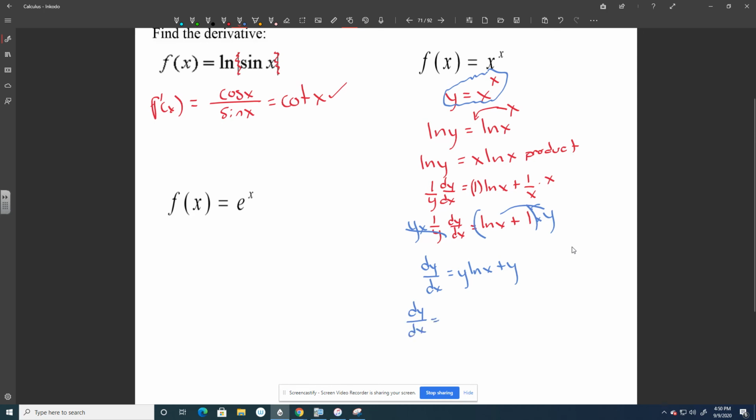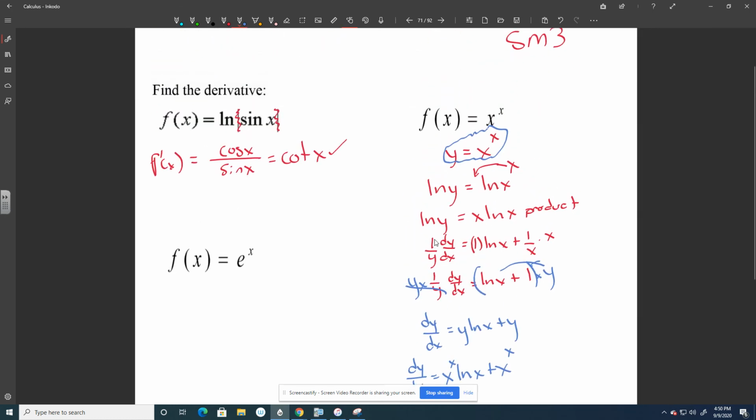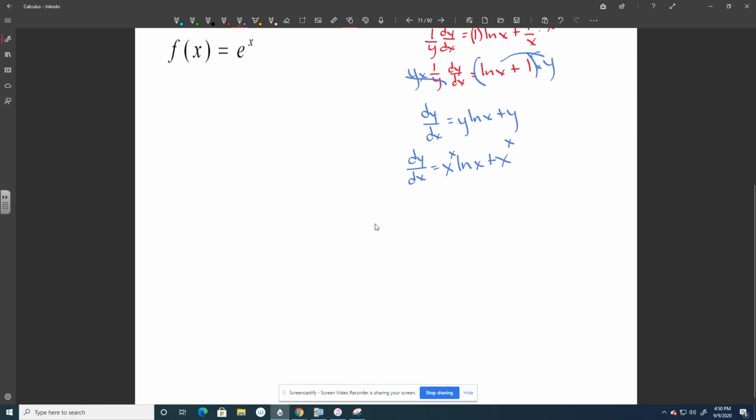So instead of y ln x, I'm going to put x to the x, natural log of x. Oh my gosh, that's a mouthful. Plus x to the x. That's a lot of x's. But that's my derivative, okay? Not too bad. I know it looks a little bit messy there for a minute, but that's kind of the method that I would use to do that one.